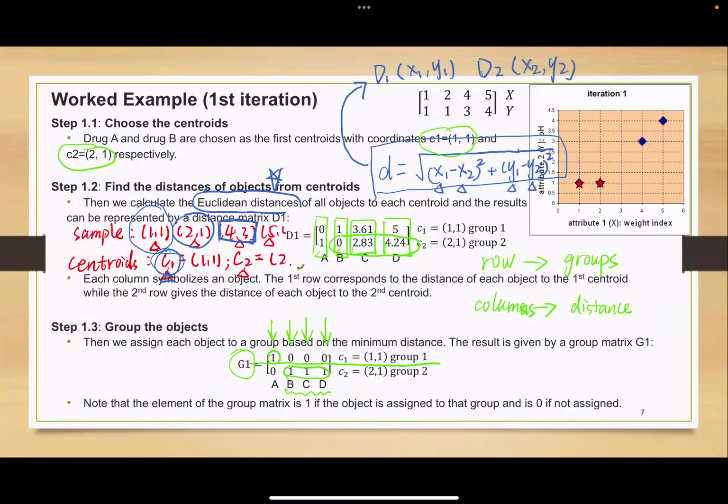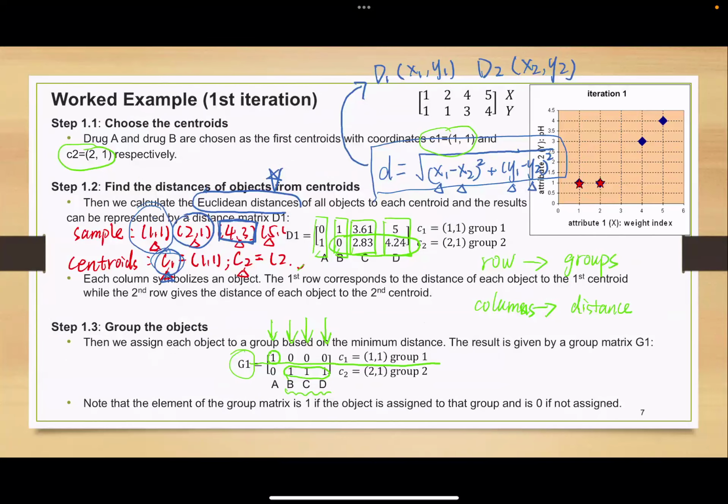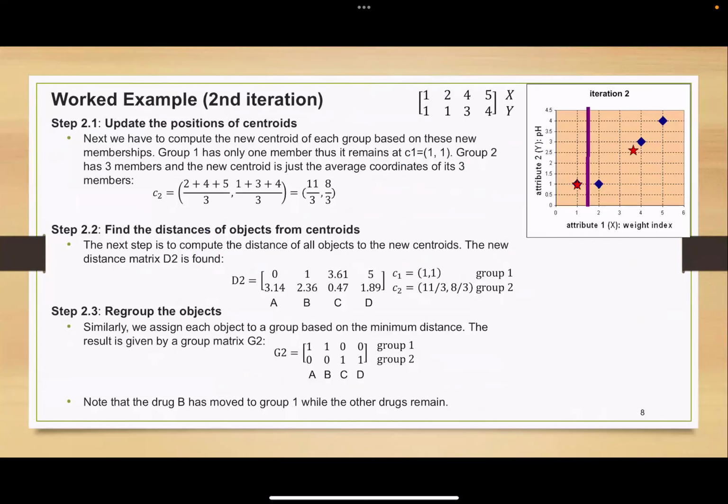After we grouped objects based on the first 2 centroids we defined, we will have 2 groups of data. And then with these 2 groups of data, we are going to calculate the new centroids, okay? So we need to update the centroid.